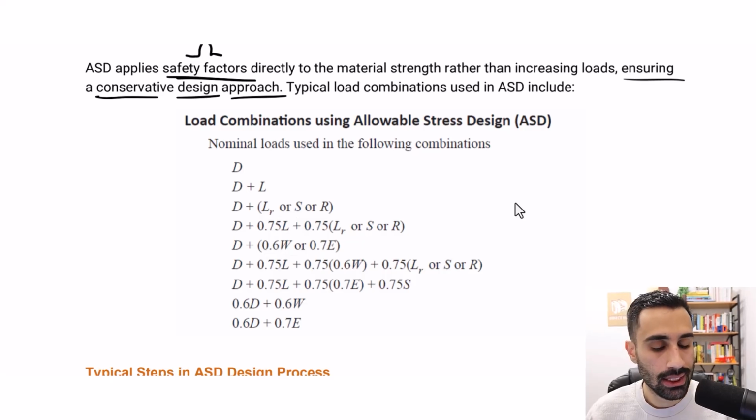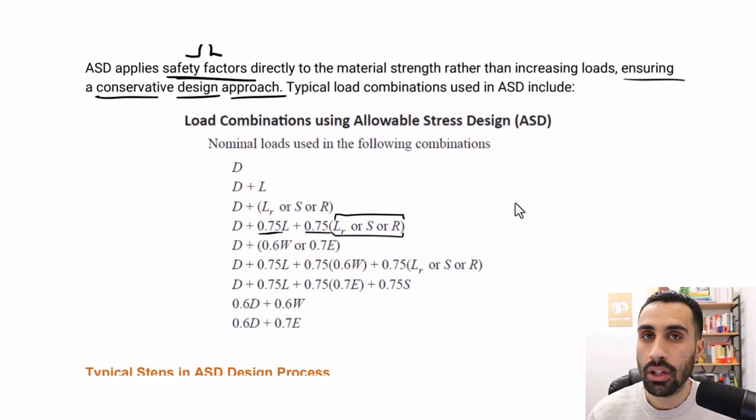We do this because we know it's very unlikely that we have a dead load, a live load, and the one that controls, whether roof live load, snow, or rain load, occurring at the same time. So we can reduce the live load and the controlling one, because it's very unlikely that all of these will occur at the same time.